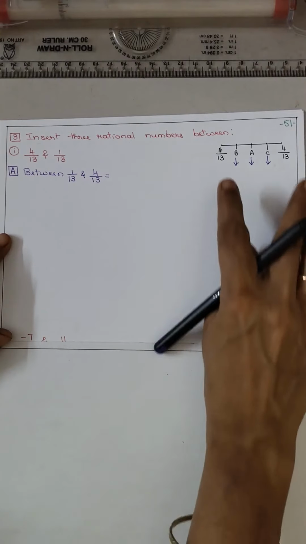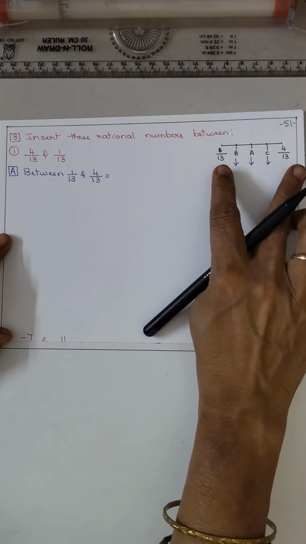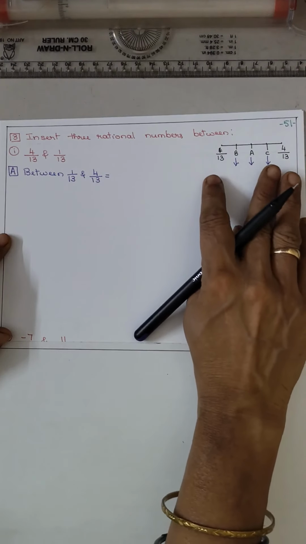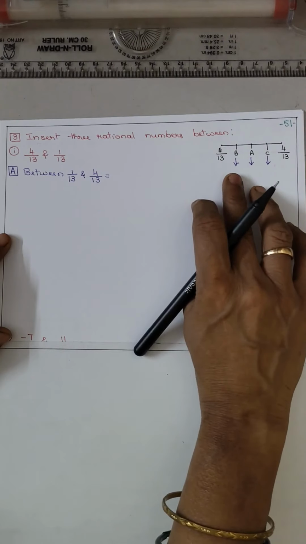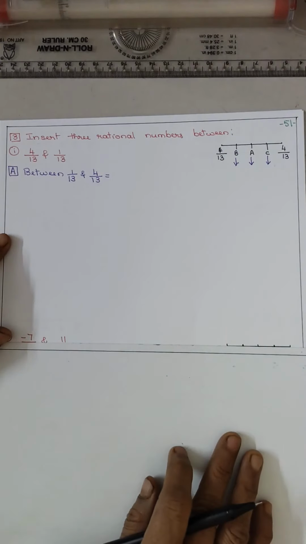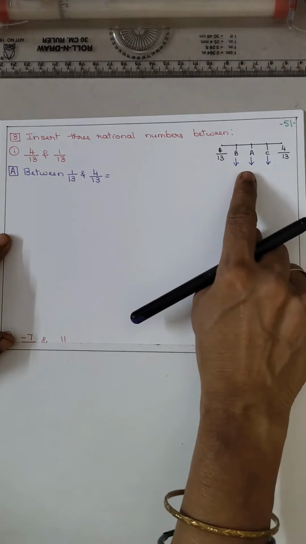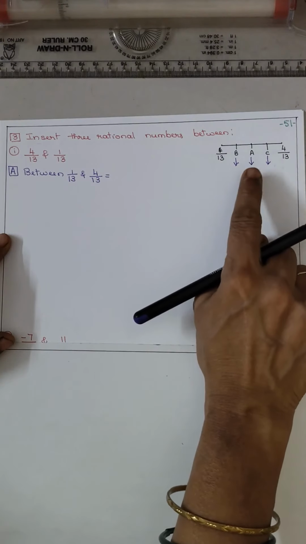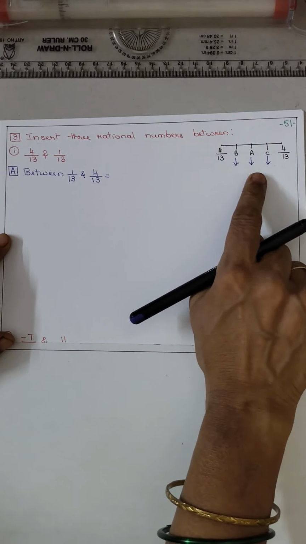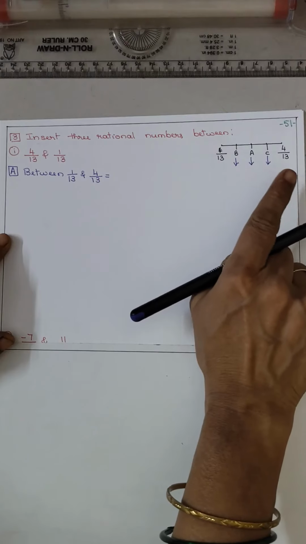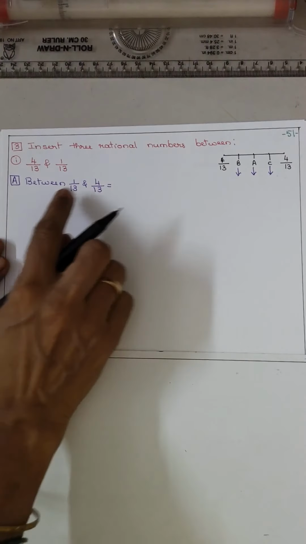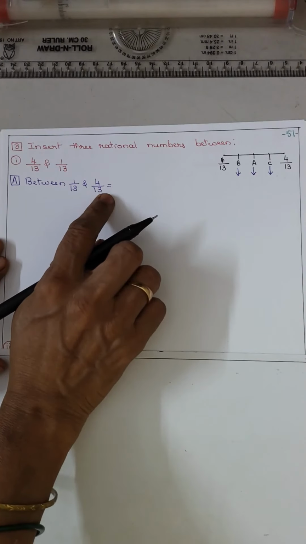Now first, exactly between 1 by 13 and 4 by 13, it will be A. And between 1 by 13 and A, it will be B. And between A and 4 by 13, you will get C. Understood? So first find A between 1 by 13 and 4 by 13. Then for B take 1 by 13 and A, and for C take A and 4 by 13.